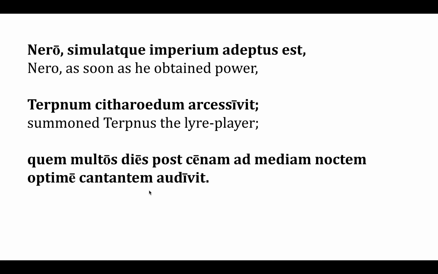And then cantantem, if you see that nt in the middle, that hints to you that it is a present participle. So again, you might want to look up present participles if you don't remember them very well. The verb cantare means to sing. The present participle is cantans, cantantis, and it declines like a third declension noun, like rex, for example.